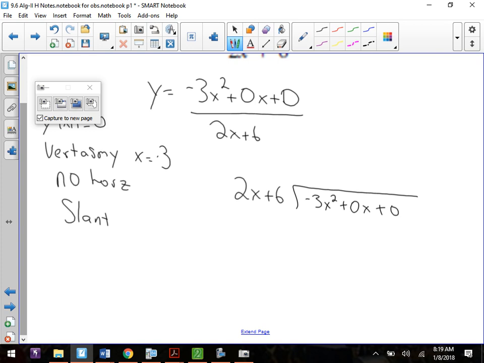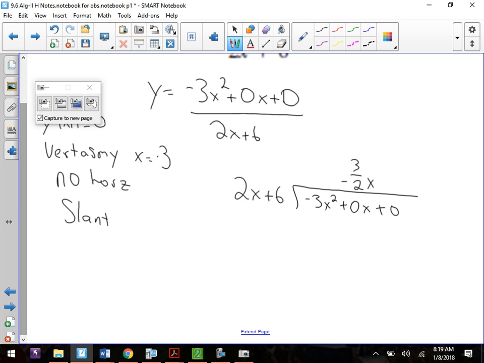What do you multiply 2 by to turn it into a negative 3? Negative 3 halves, right? Remember that trick? It's whatever the number is in the numerator, and then the number on the outside in the denominator. Now, I need to turn it into a negative, and I have to do an x squared. So, I'm going to write it as negative 3 over 2x.